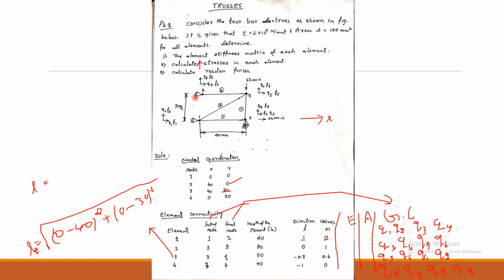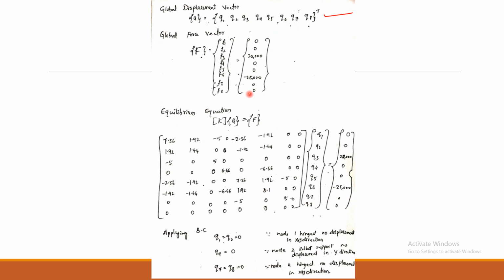Coming to node 4, we have no external force, F7 and F8. So only two quantities, F3 and F6. F3 is plus 20,000 Newton. F6 is minus 25,000 Newton. Write down all those quantities here and make all the others 0.